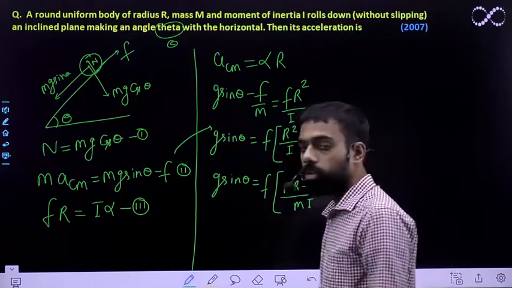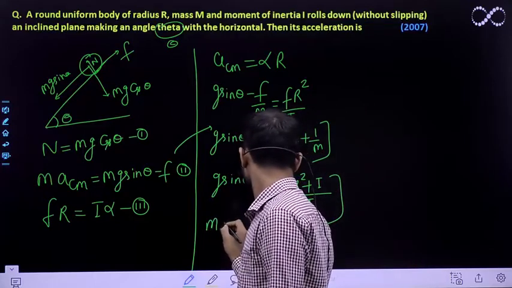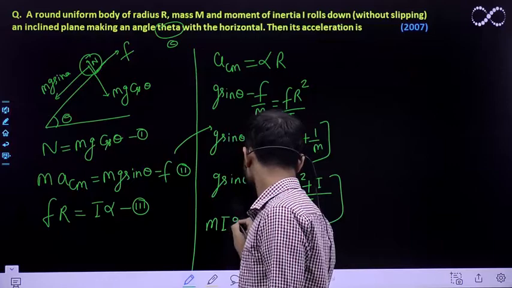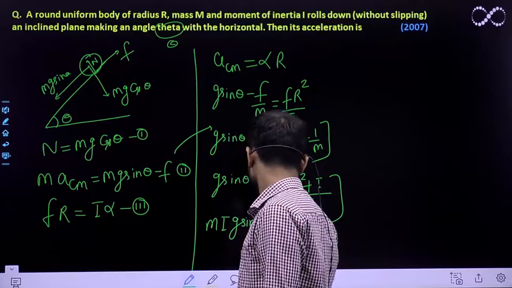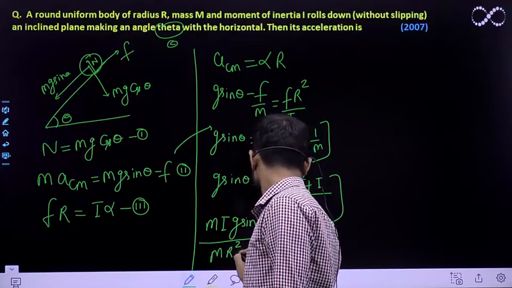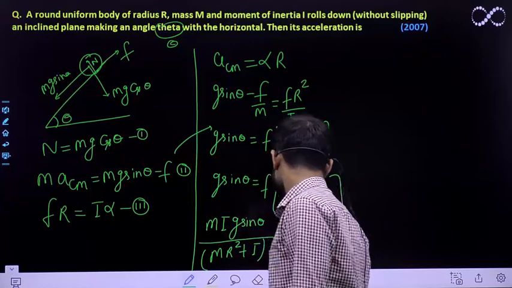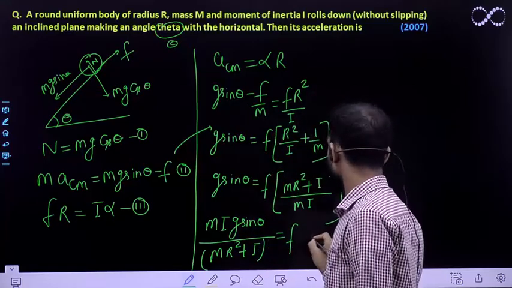So I can see the value of f: this will become m I g sin theta upon m r square plus I. So this is the value of f you are getting. Let us call this equation 4.